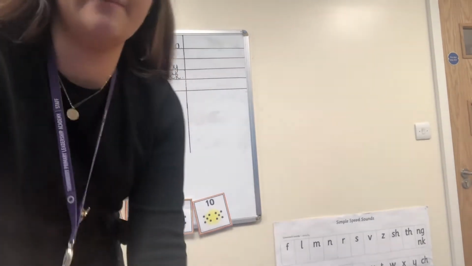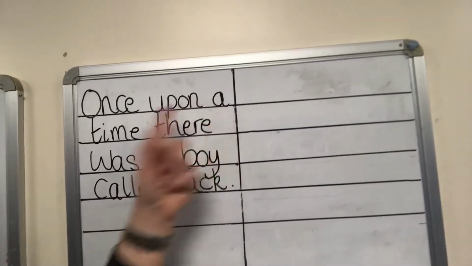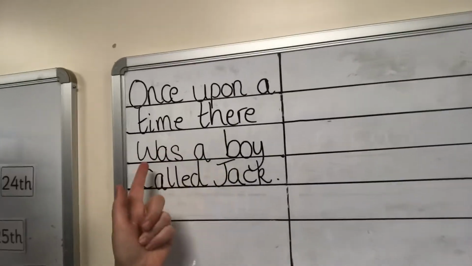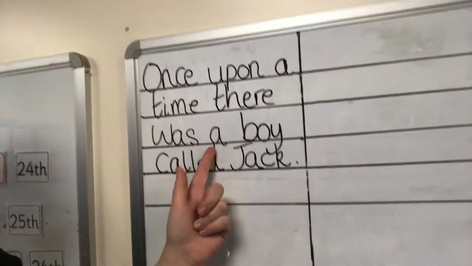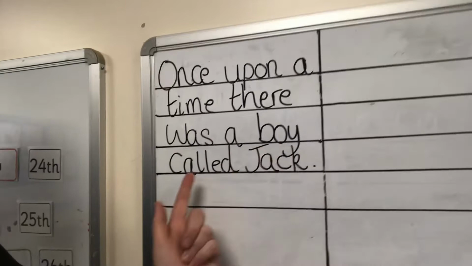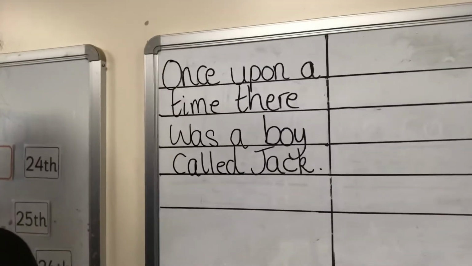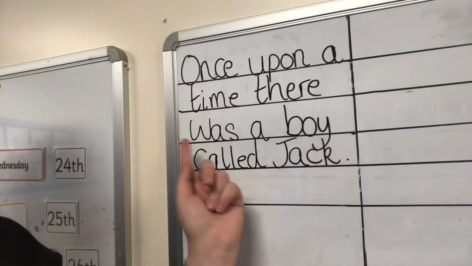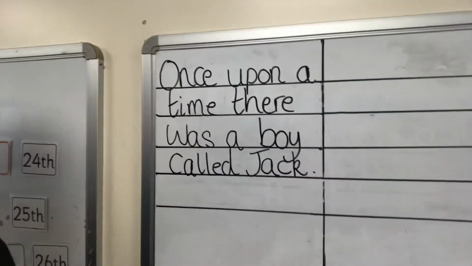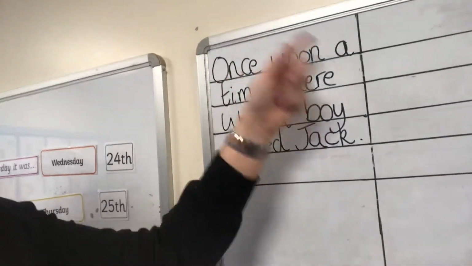So let me just bring you a little bit closer so that you can see. Once upon a time, there, red word was, a boy called Jack. Now the first bit you can have a little bit of help with, okay? But the rest of it you can have a go at on your own.